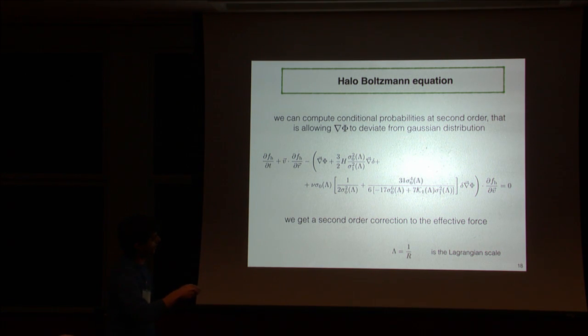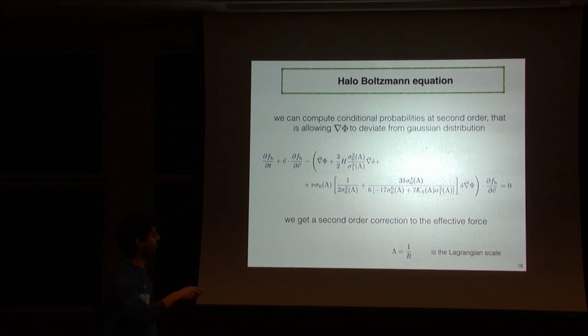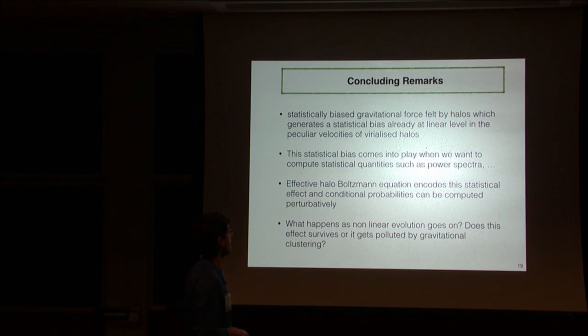The point is that we will find other terms by allowing grad phi to have some nonlinear evolution, and in some way we can do it perturbatively. We did the next to leading order. We find some other contribution to the force, and this is the effect. So we calculate the covariance at second order, and then we find the effective force that can explain this covariance.